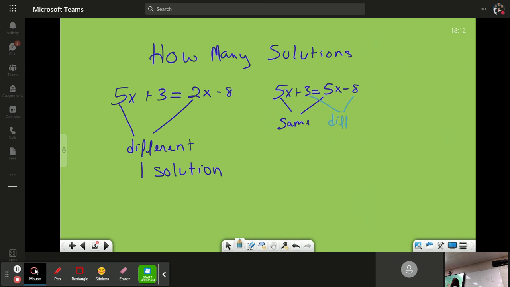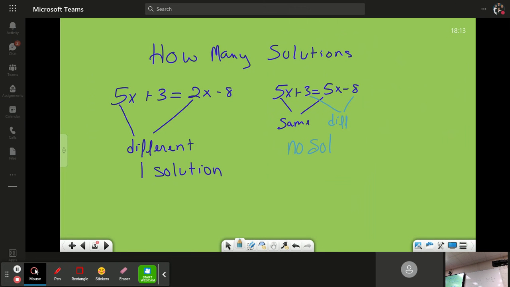If I did 5 times 2, I'd have 10 on both sides, right? And this would be 10 plus 3 and 10 minus 8. Is there any way for that to be true? If my coefficients are the same but my constants are different, my answer is going to be no solution.